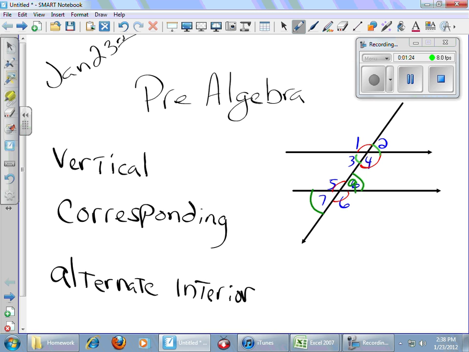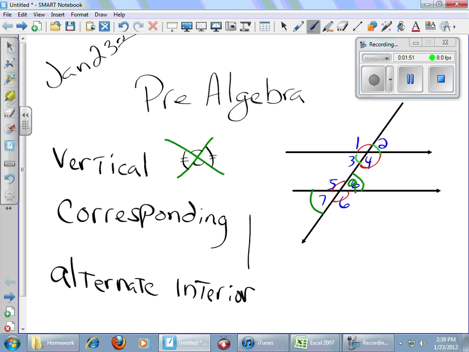So when we have these parallel lines, instead of trying to remember just the terms vertical, corresponding, alternate interior, which are important words to remember, I like to remember letters. I know vertical angles produce an x, and when you have an x, these two angles are the same, and these two angles are the same. So I look for x's in my picture.